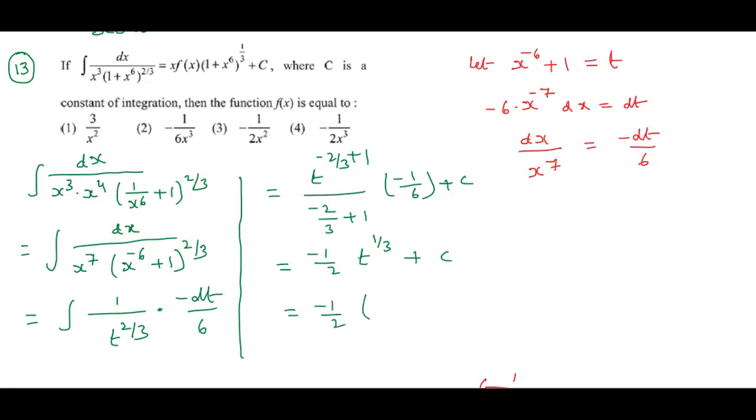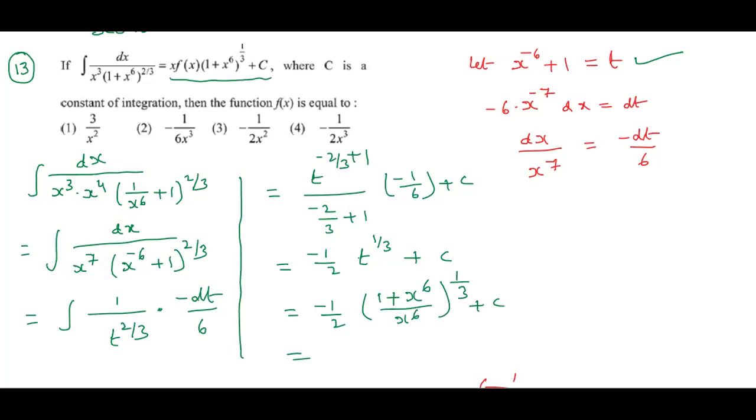What is t? This is x power minus 6 plus 1. X power minus 6 we can write as 1 by x power 6. Take LCM. We get (1 plus x power 6) divided by x power 6, whole power 1 by 3, plus c. By observing the calculation and options, here the right hand side has some values given.